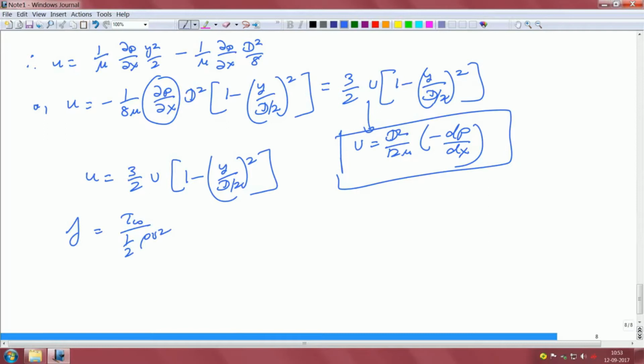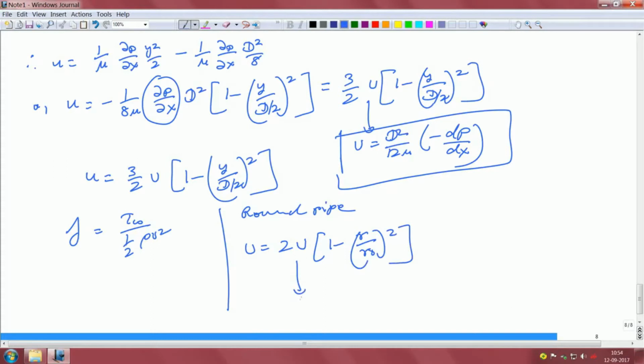Now, let us talk about a round pipe. So this is for a duct, two parallel plates. For a round pipe, the essential expression is still the same, given by 2U into (1 minus (r by r naught) square), where this U, small u by the way, is r naught square by 8 mu into minus dp by dx.